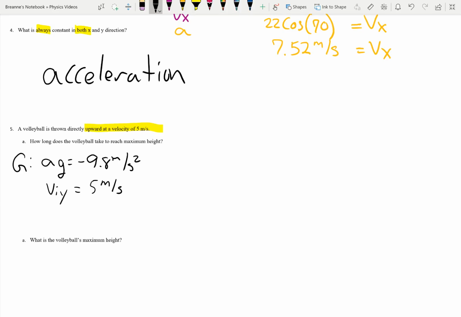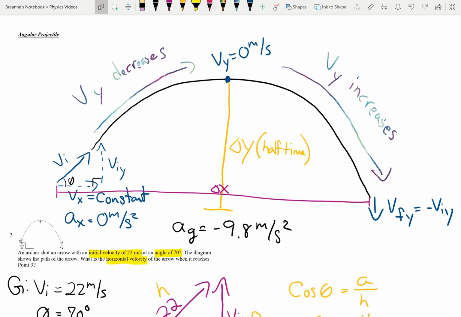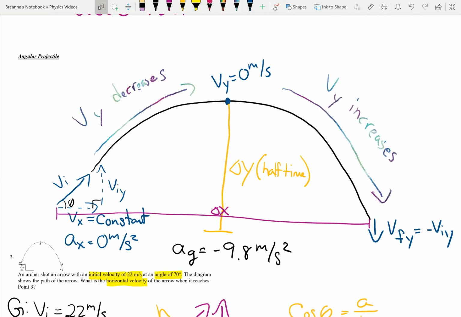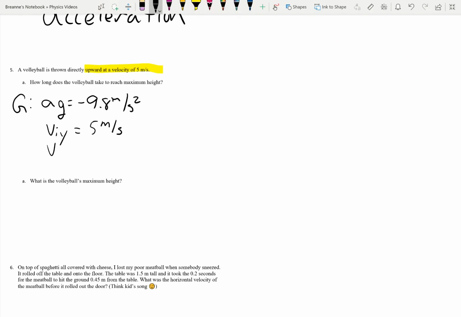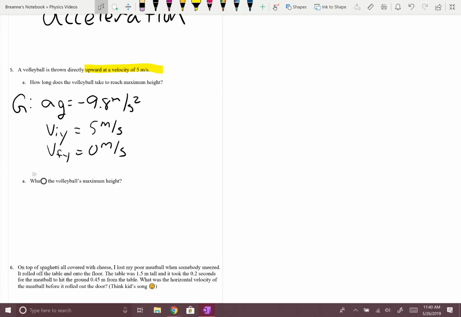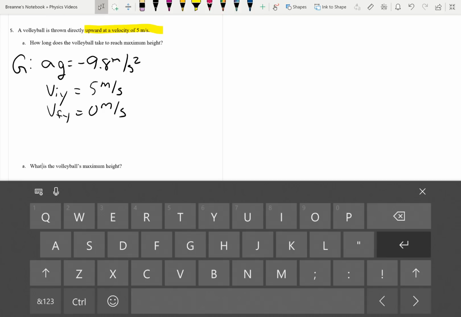How long does it take to reach max height? Now, what's so special about velocity at max height? We know it goes to 0. So we know that our VFY is 0 meters per second at max height.